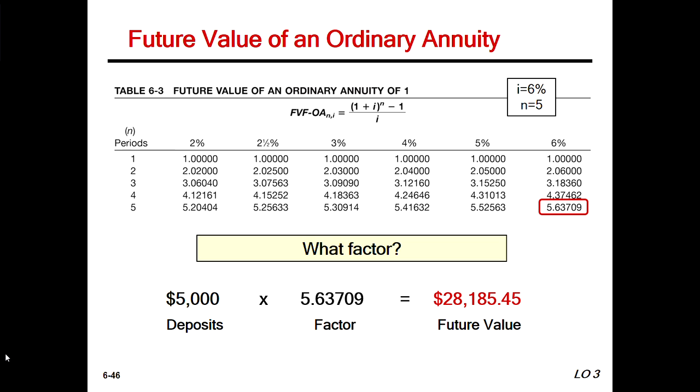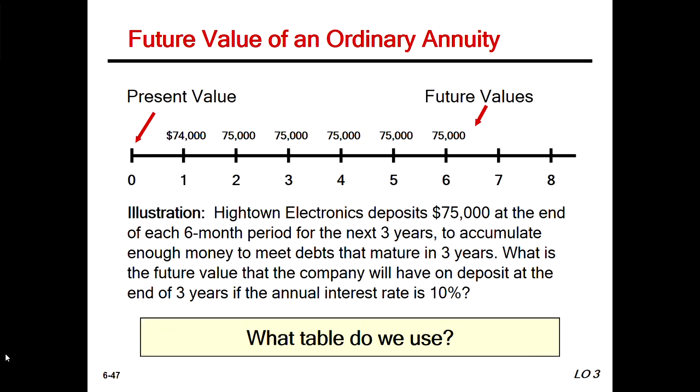So let's look at another example here. We've got Hightown Electronics. They deposit $75,000 at the end of each 6-month period for the next 3 years, to accumulate enough money to meet debts that mature in 3 years.